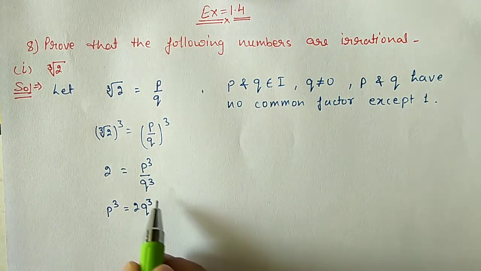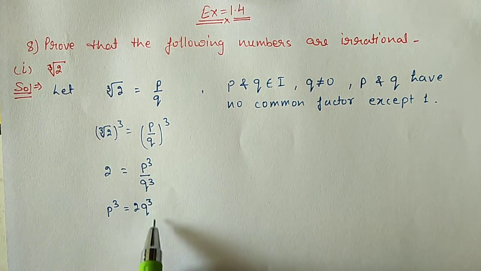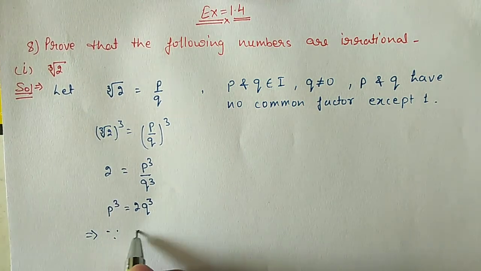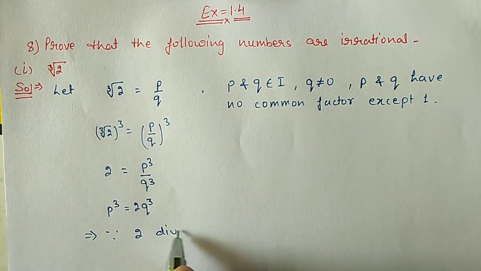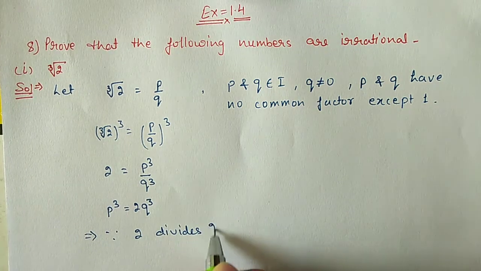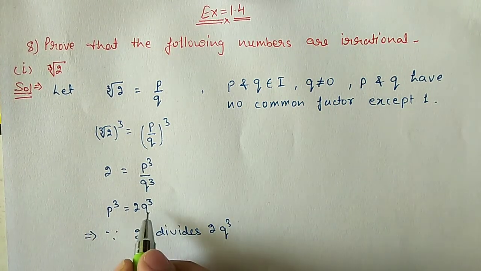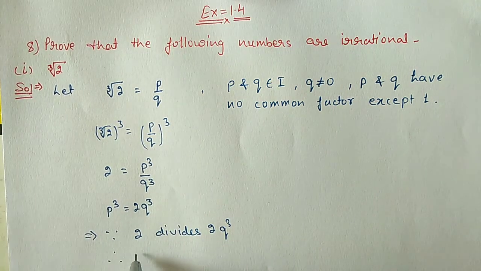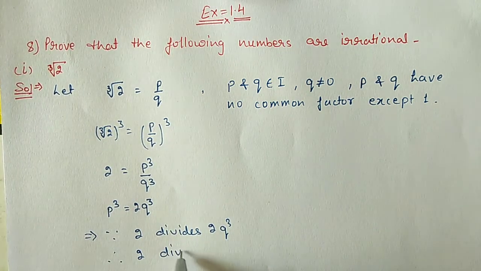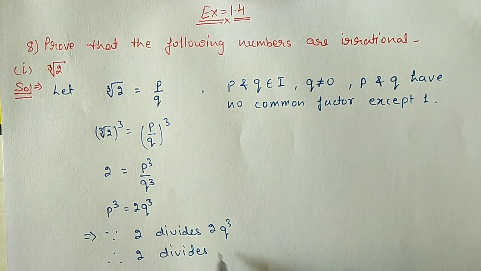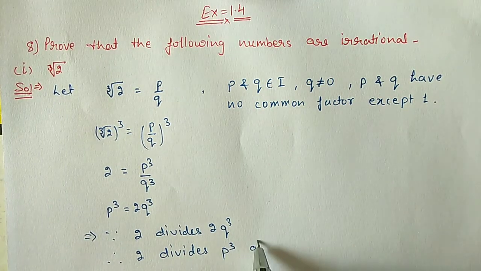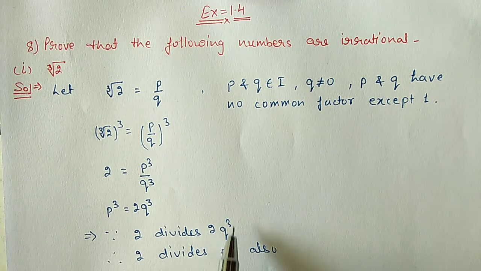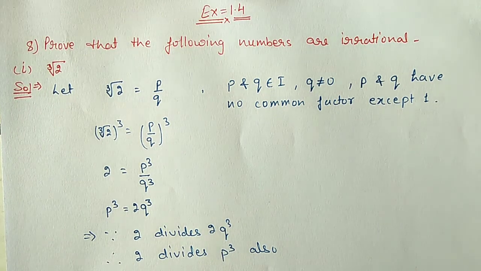So as we know this right side is divisible by 2, because 2 divides 2 q cube, because 2 is here, so it means we can divide it by 2. So we can write, therefore 2 divides p cube also, because this and this are equal, so we are replacing 2 q cube by p cube.